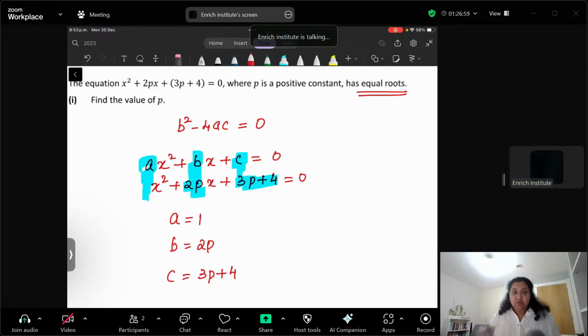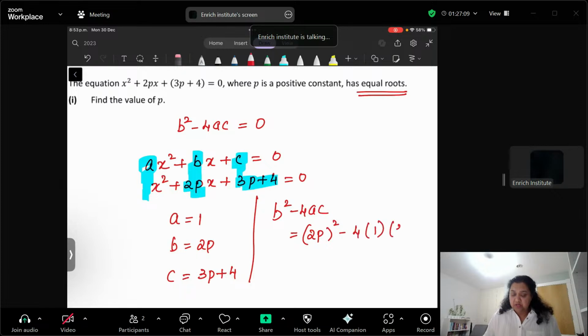Once you have written down this, it is pretty easy to work with b square minus 4ac, which is equal to (2p) square minus 4 times 1 times (3p plus 4). Remember, you should write as much as possible in your exam, because the marking scheme says any correct substitution or anything you have written will guarantee some marks.